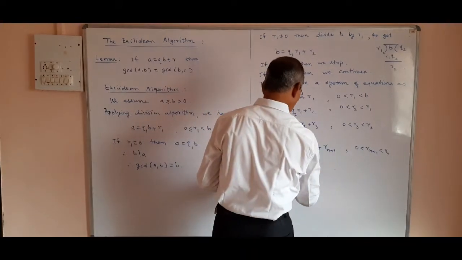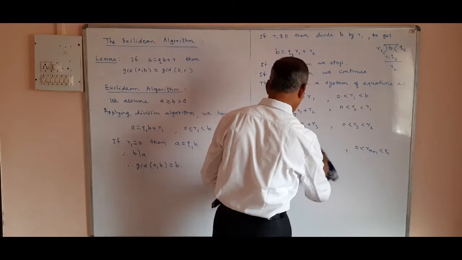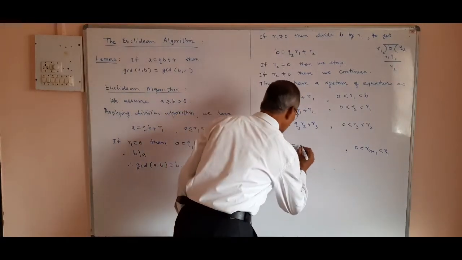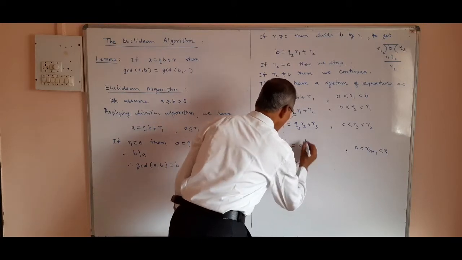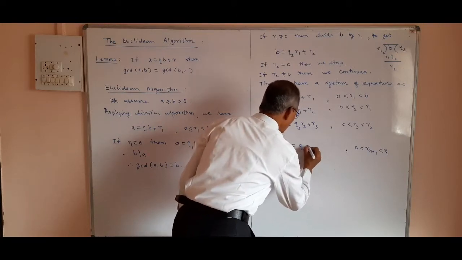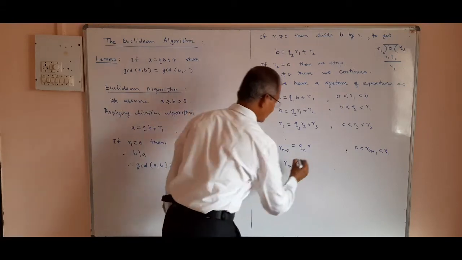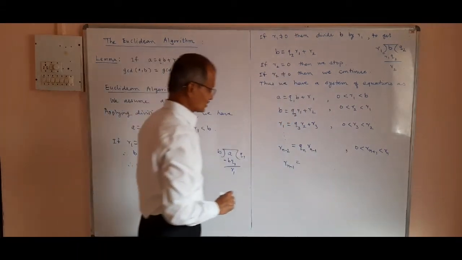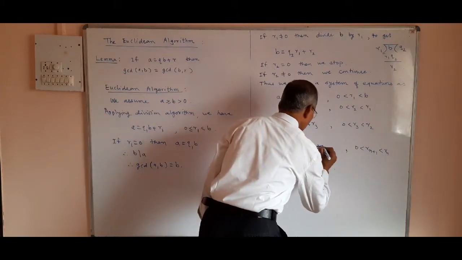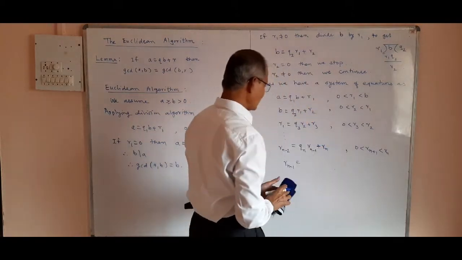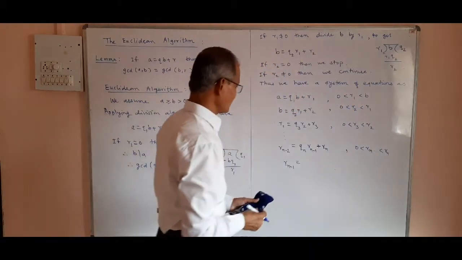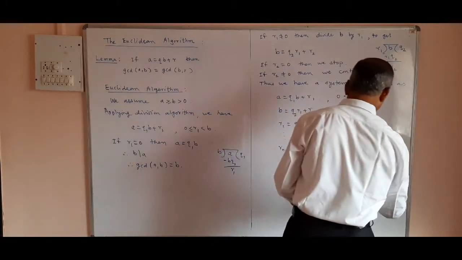So now you see, what will this one be? Rn minus 2 we have to increase by 2, and this will be Qn, and this will be Rn minus 1 plus Rn, and the condition for Rn will be 0 less than Rn less than Rn minus 1.